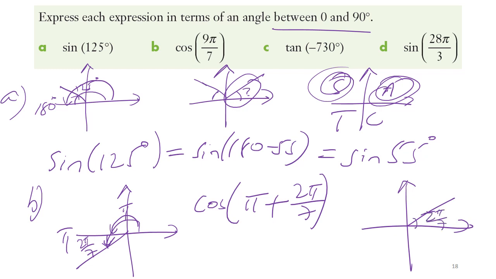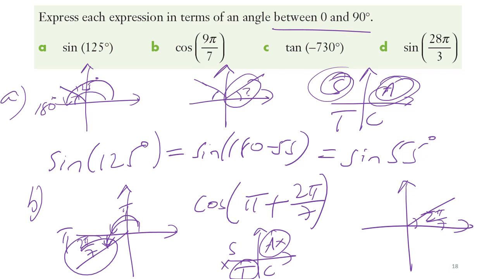What do you use? We use the CAST diagram again. C-A-S-T. We know at the third quadrant here, cos is negative. But at the first quadrant, cos would be positive. So the signs between first and third, if you're talking about cos, would be different.